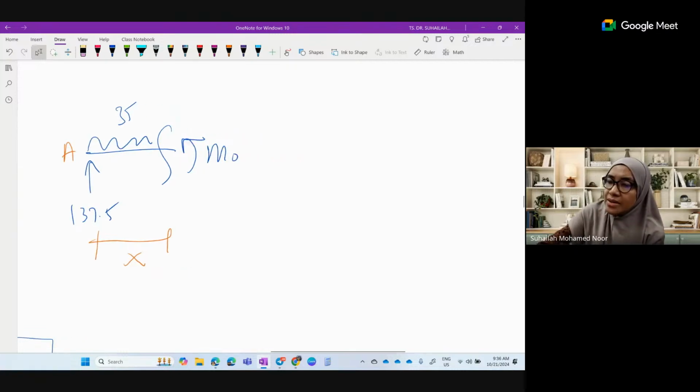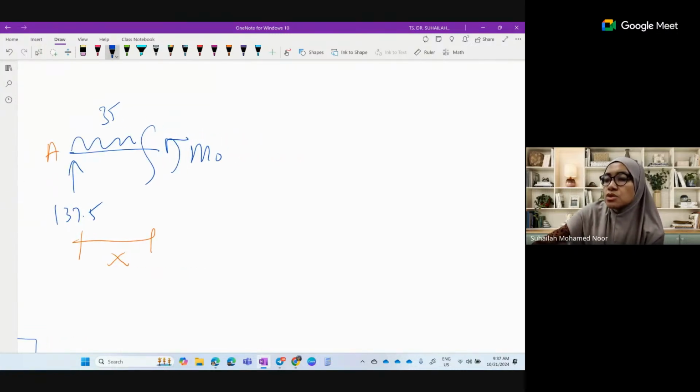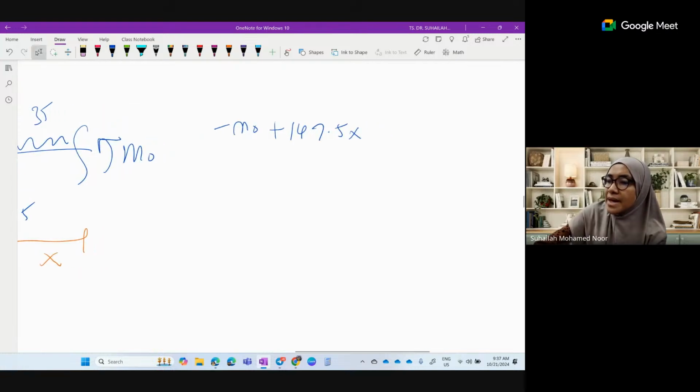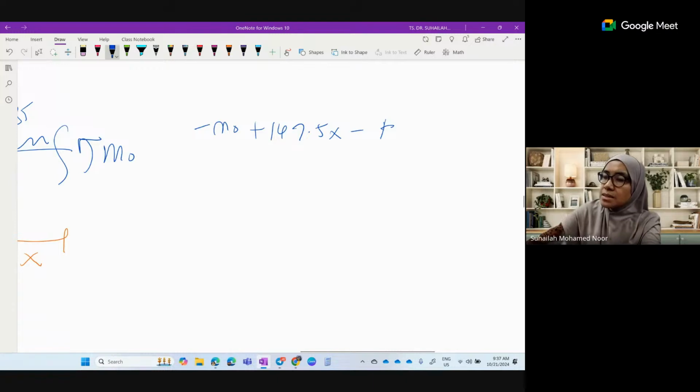Okay, so how do we calculate this? Minus M0 plus 147, not 137. Okay, 147. Plus 147.5 X minus 17.5 X square equals 0.